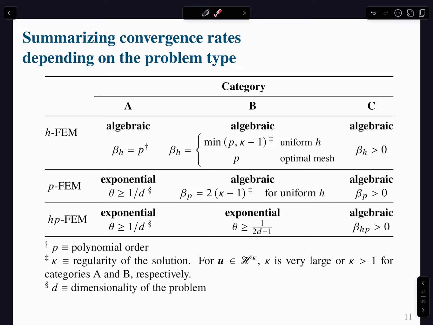Again, we are going to see, based on theory, whether we are here, let's say for h-FEM, or whether we are here. If you happen to find out that the convergence is not exponential for that harder problem with a stronger gradient, then you would place that here. Otherwise, you would place it here.